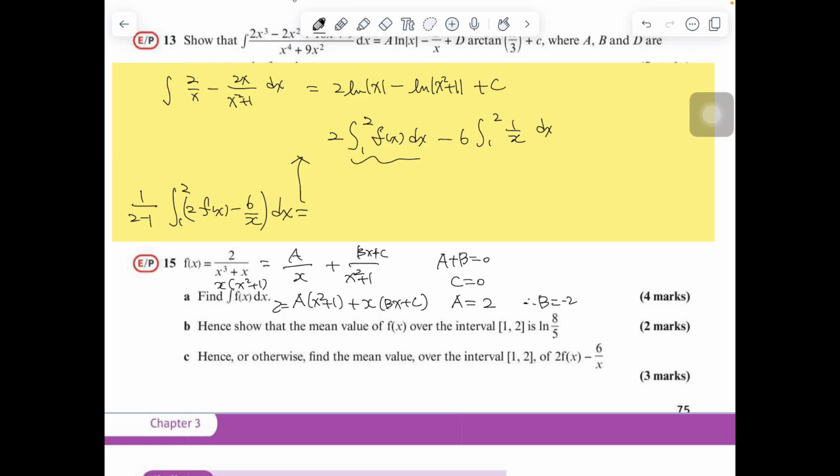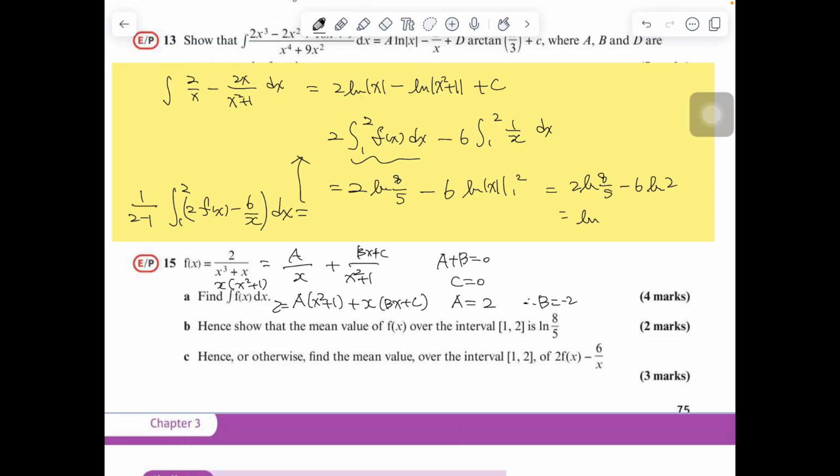The first integral was ln of 8 over 5, so this is 2 ln of 8 over 5 minus 6 ln x from 1 to 2. So 2 ln of 8 over 5 minus 6 times (ln 2 minus ln 1).